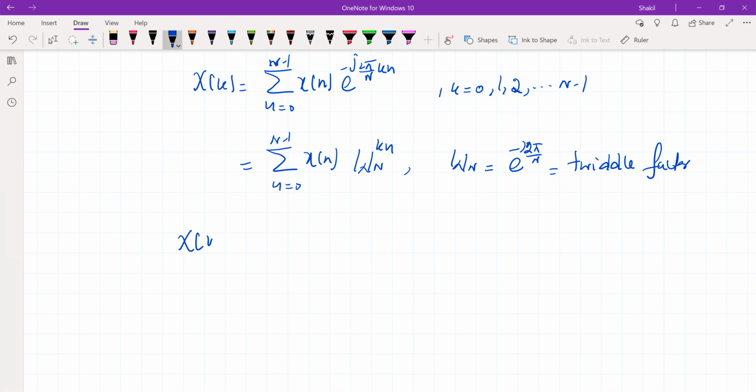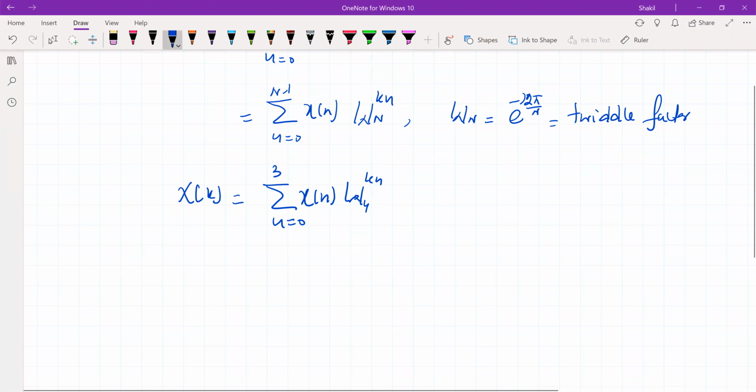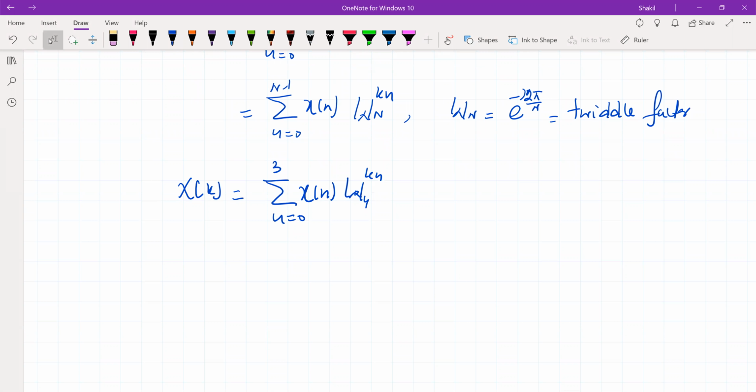So X of k will be equal to summation n running from 0 to 3 x of n W4 to the power kn, where N is equal to 4. Let me expand the terms.